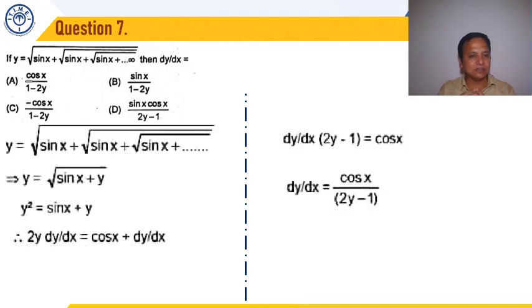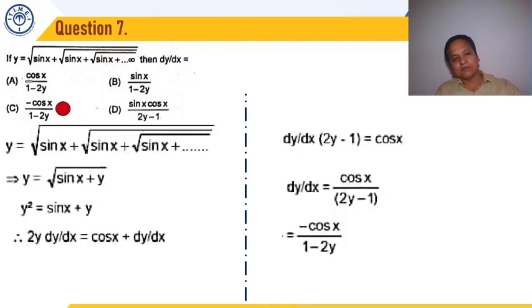Now 2y minus 1 is in the denominator only in one option, all others have 1 minus 2y. So just to match with one of the options, we take the minus sign common. So it comes out to be minus cos x upon 1 minus 2y. This is the differentiation of the given expression y. If you look at the choices, it matches with choice C. So our answer comes out to be choice C.